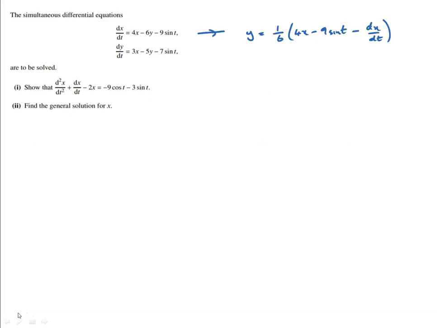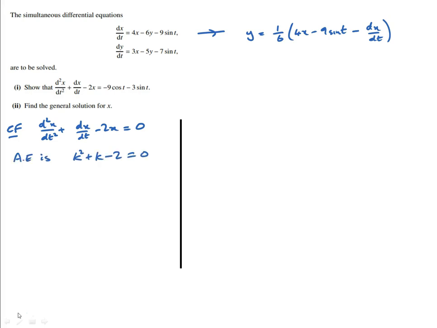So we can now find the general solution for x. As before, we're going to have to find a complementary function and a particular integral. The complementary function: we're trying to solve d2x/dt squared plus dx/dt minus 2x equals 0.